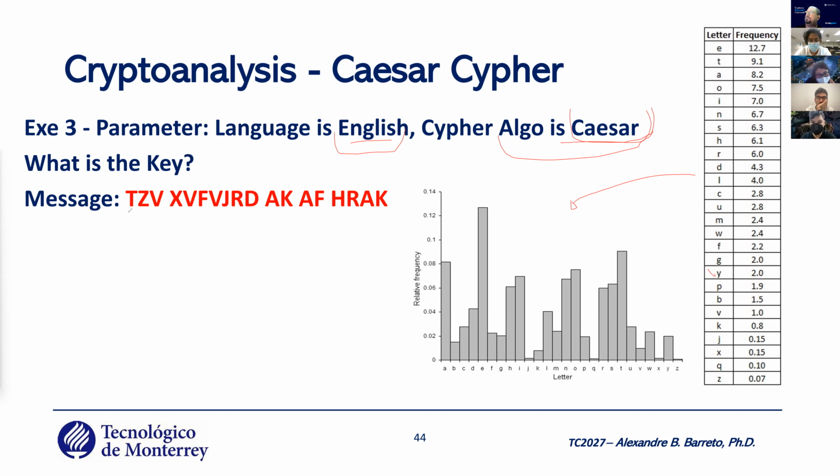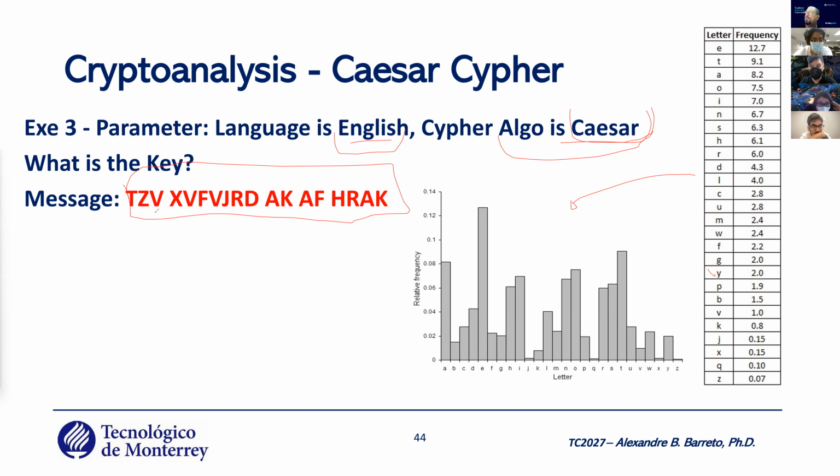The first thing, you analyze the cipher message and look for repetitions. For example, which letter do you have more repetitions of here? T, you have only one. Z, you have 1, 2.